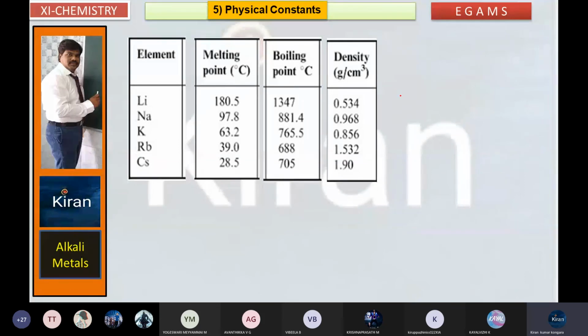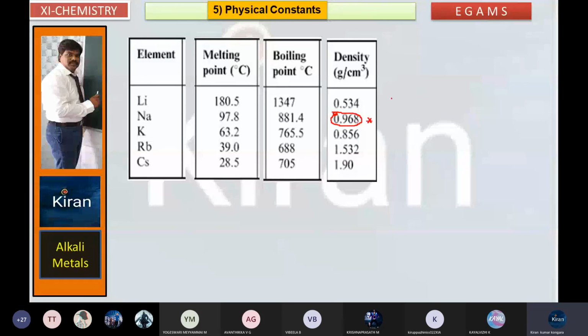Here one exceptional case is there, that is sodium. Always remember the exceptional cases, these only will come in competitive exams. Generally students think density means atomic size increases, hence density automatically increases. So this is the exceptional case.